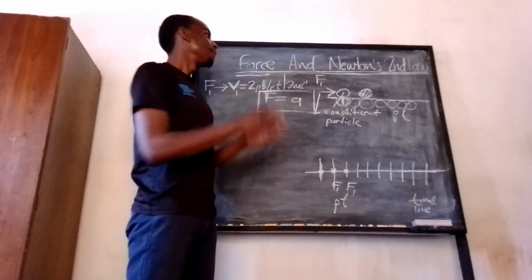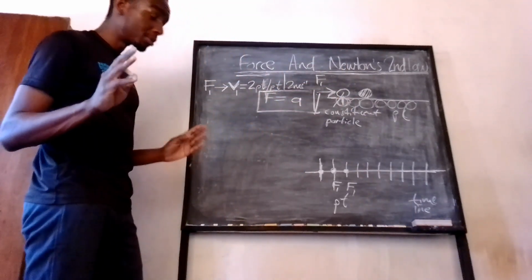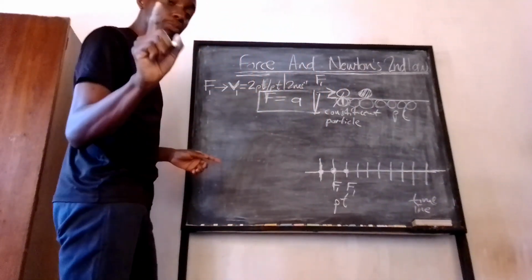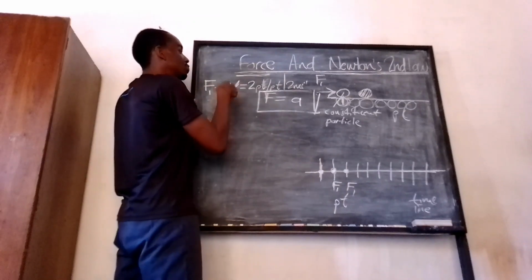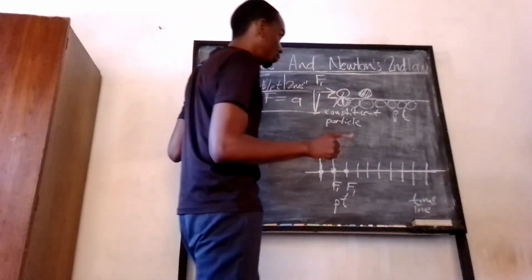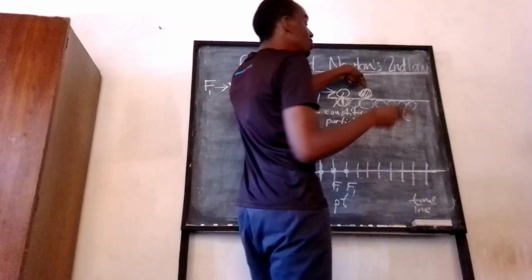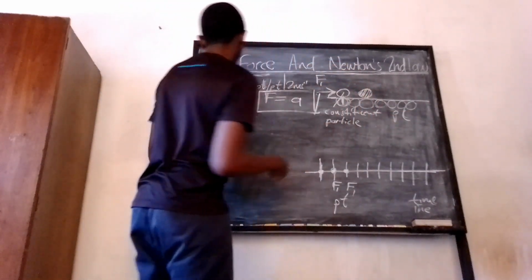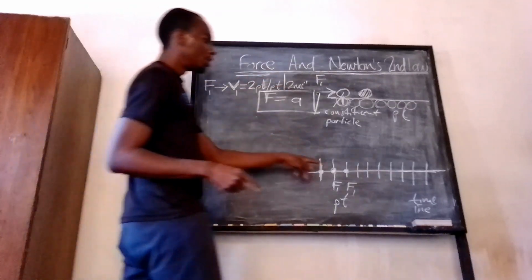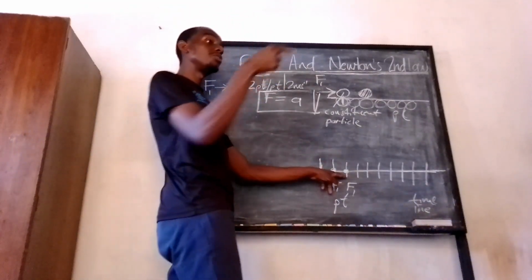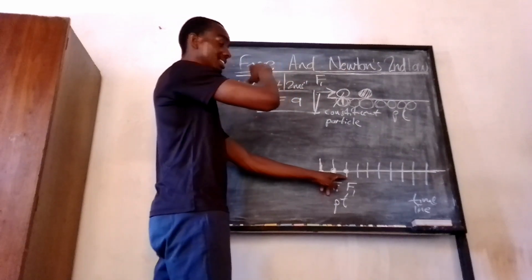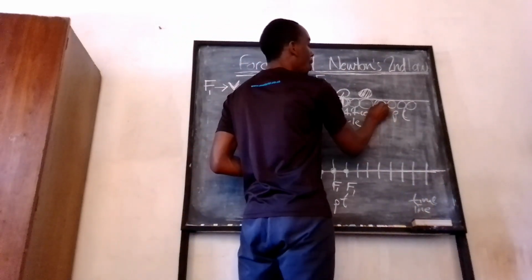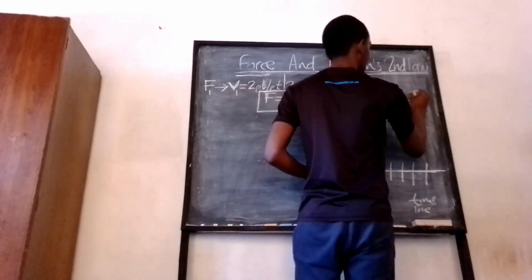Because F1 is responsible for producing a velocity of v1, it's going to add upon the velocity produced previously. Previously, it produced a velocity of 2. Now, in the following instant, it's again going to produce a velocity of 2, but the velocity it produced last time didn't disappear. So it's simply going to add upon that velocity. So it's going to go 1, 2, 3, 4 spaces in time.